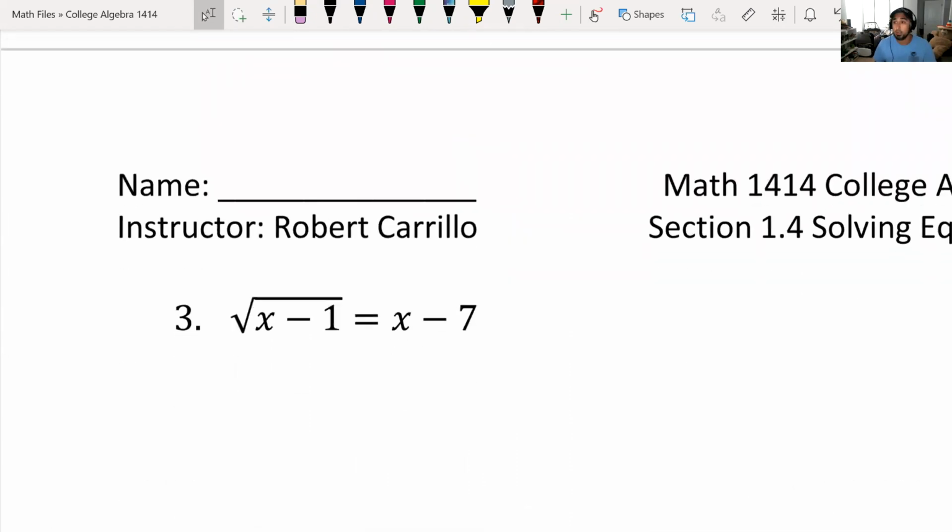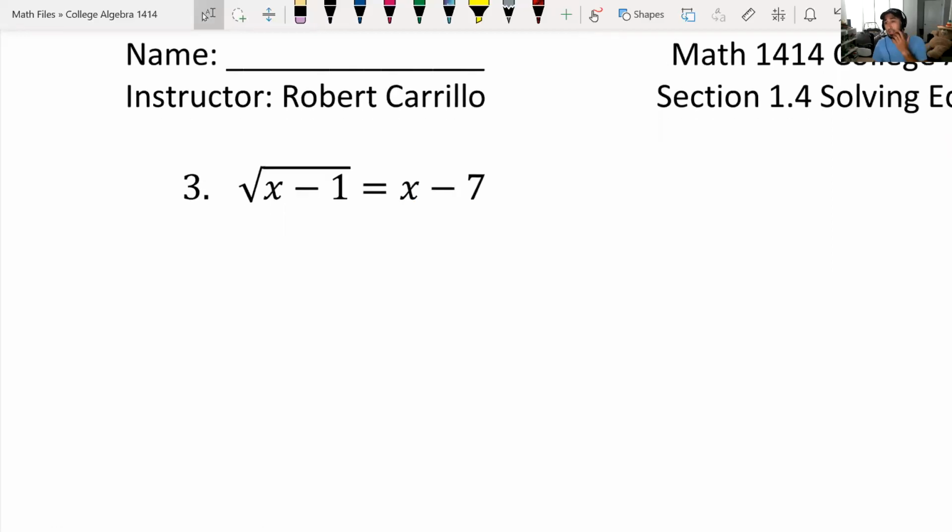All right, like number 3. Again, we want to solve for x, so we must get rid of the radical. Lucky for us, the radical is isolated, which means we can get rid of it. It's a square root, so all we have to do is square both sides.